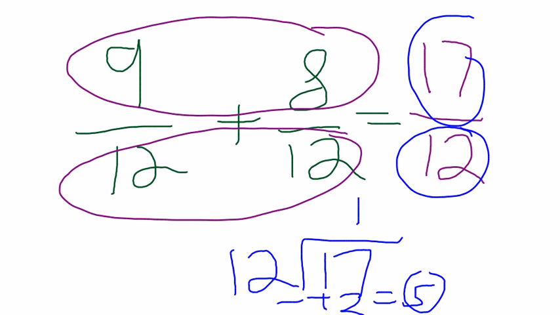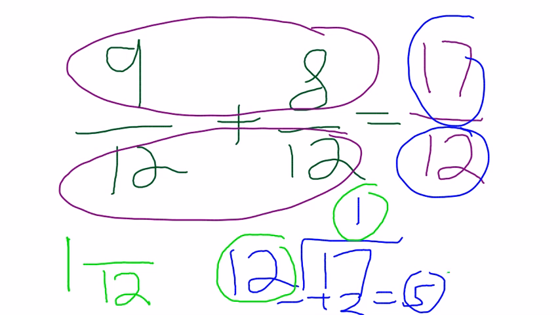We're not going to go into decimals. So our final answer is going to be this number right here, our whole number. This number right here is going to go on the bottom, and then this number right here is going to go on top, and that right there is our final answer, 1 and 5 over 12.